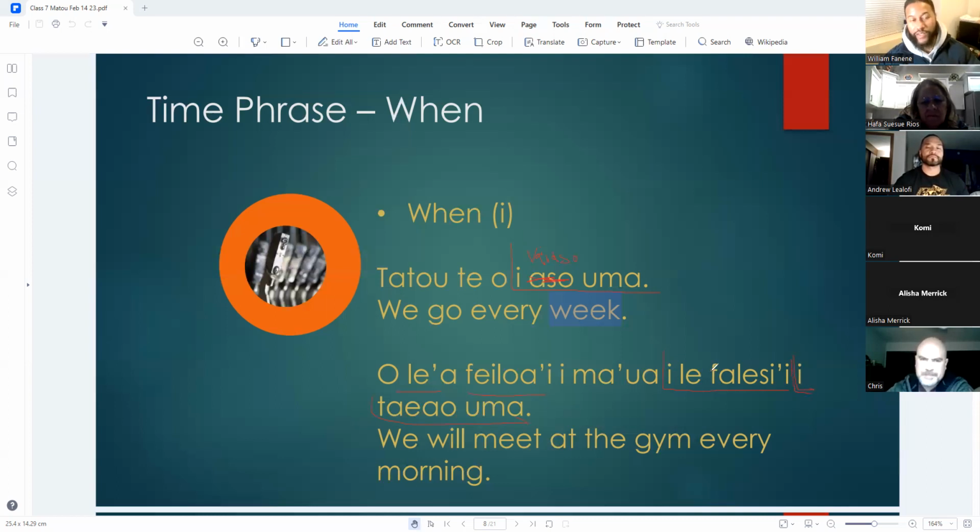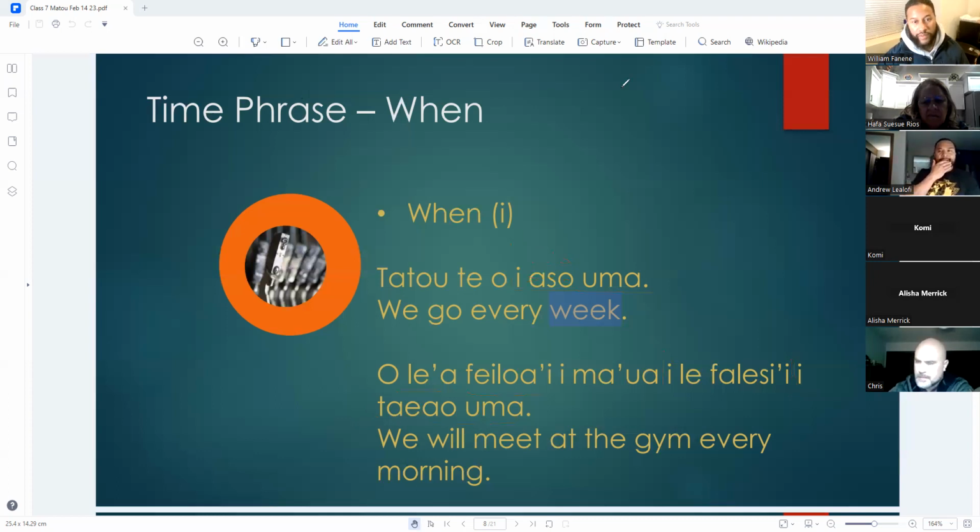This is like our time phrase. So I Tayauma, every morning. All right, every morning. And when you see a uma after pretty much any word, it means every whatever word that is. If it's every morning, Ilipo uma is every night. If we say Tangata uma, like every person. So that's all the uma is. That's what that one is.